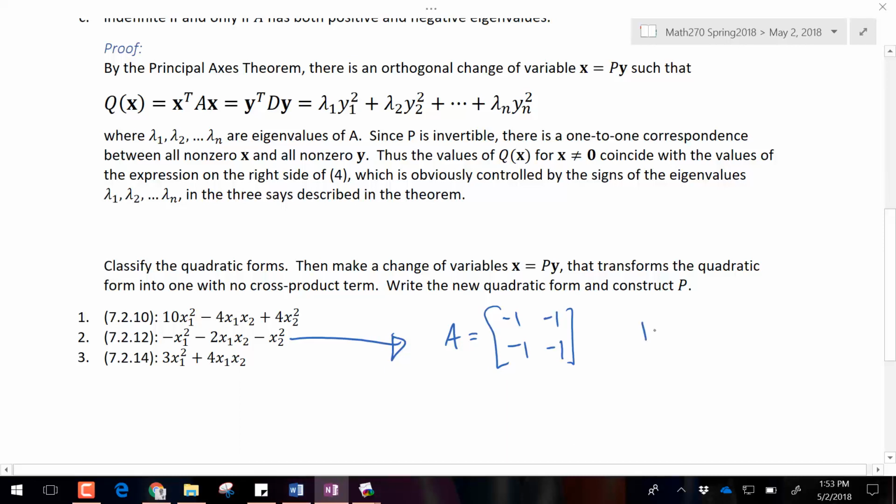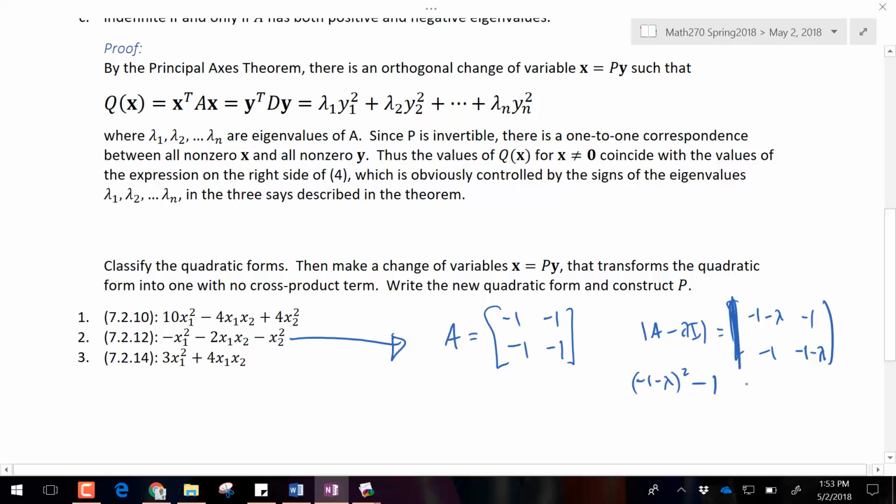A minus lambda I is -1 minus lambda, -1, -1, -1 minus lambda. So that's -1 minus lambda squared minus negative, which is +1.